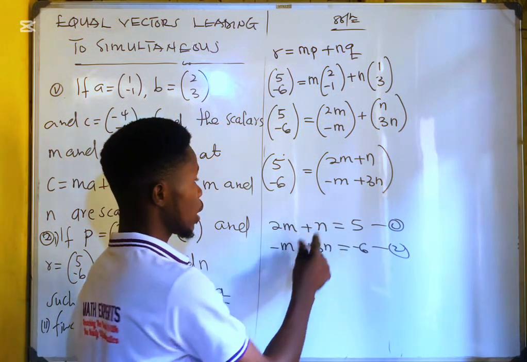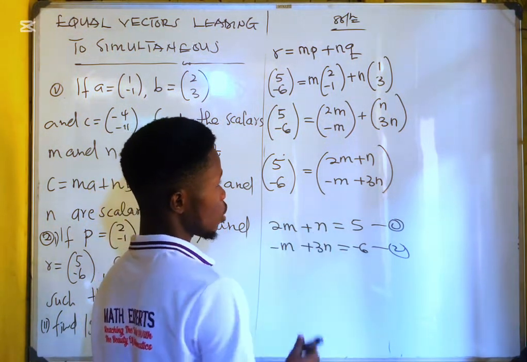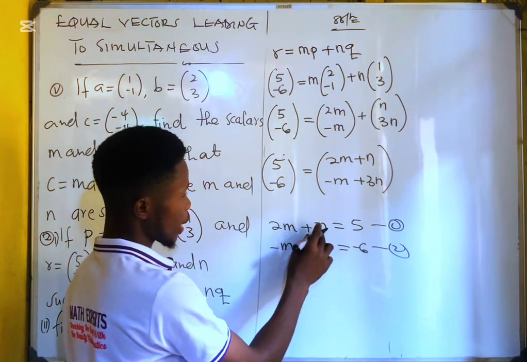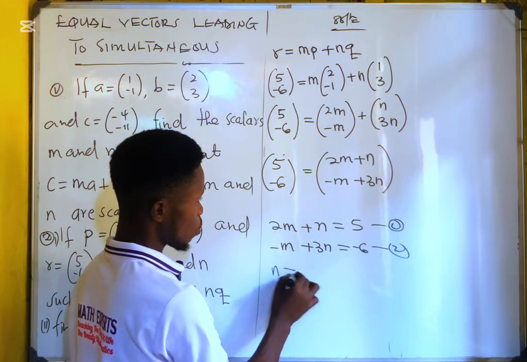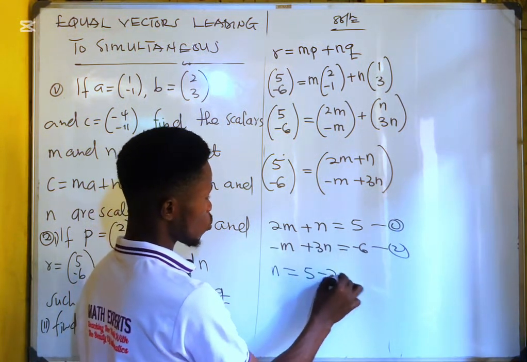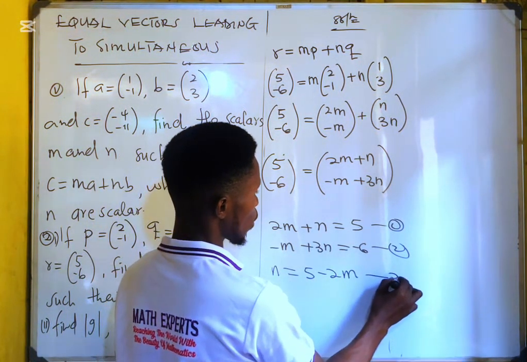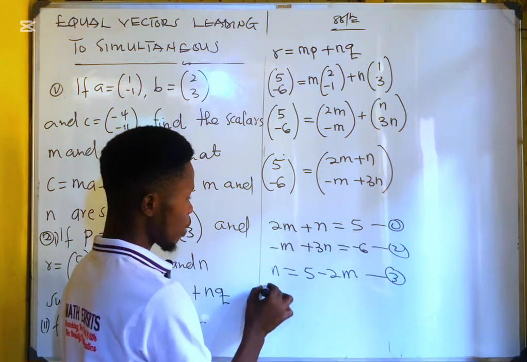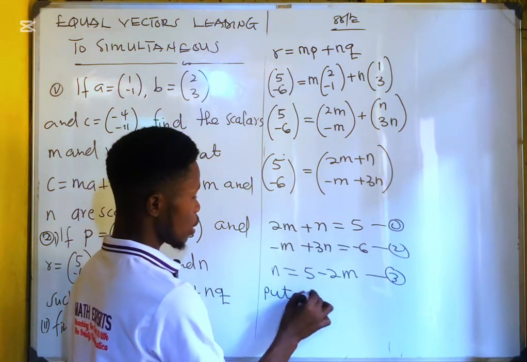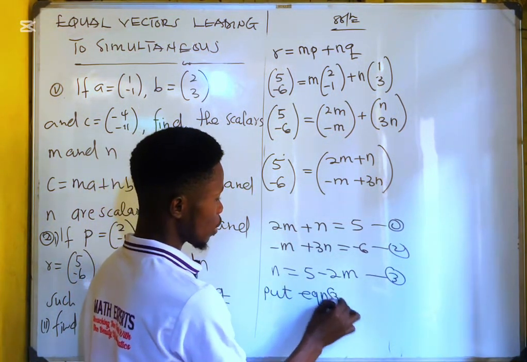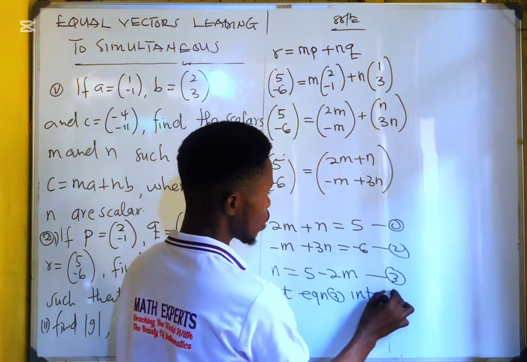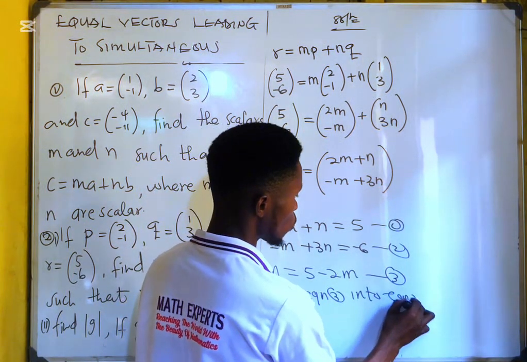So here, let me make n the subject from equation 1. If I make n the subject, I'm going to have n equals 5 minus 2m. Let's name this one equation 3, okay? Now what you do is that you put equation 3 into equation 2.